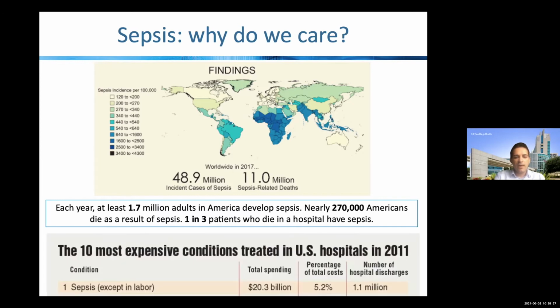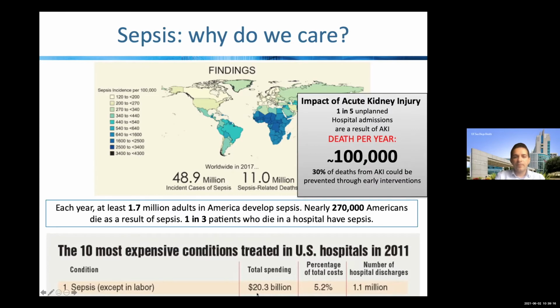If you look at the cost, it's also very expensive. Just for Medicare recipients, it's about 20 billion, and this data is from 2011. I looked up the numbers for the past couple of years, and this number is actually closer to 45 billion now. There are a number of conditions like that, like acute kidney injury, what we call AKI, that also have very high prevalence and high death rate.